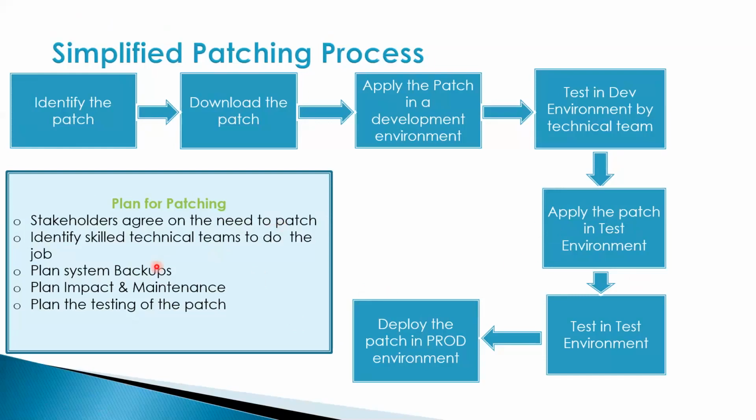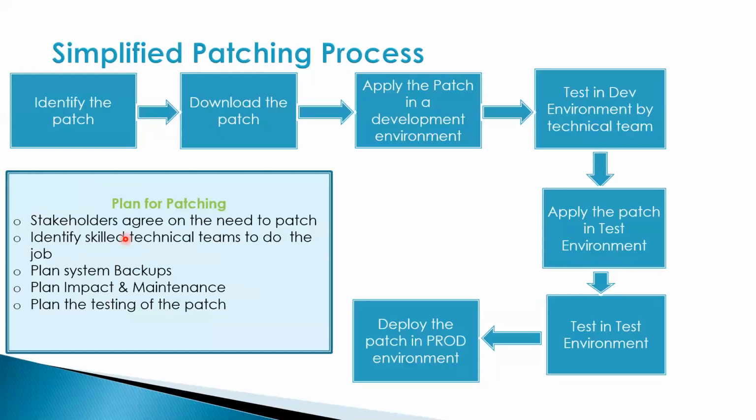And then, as the stakeholders, you will identify the most skilled technical team to do the job, whether you need database administrators or developers. Once you identify that, you will also need to plan for system backups, in case of any data corruption.